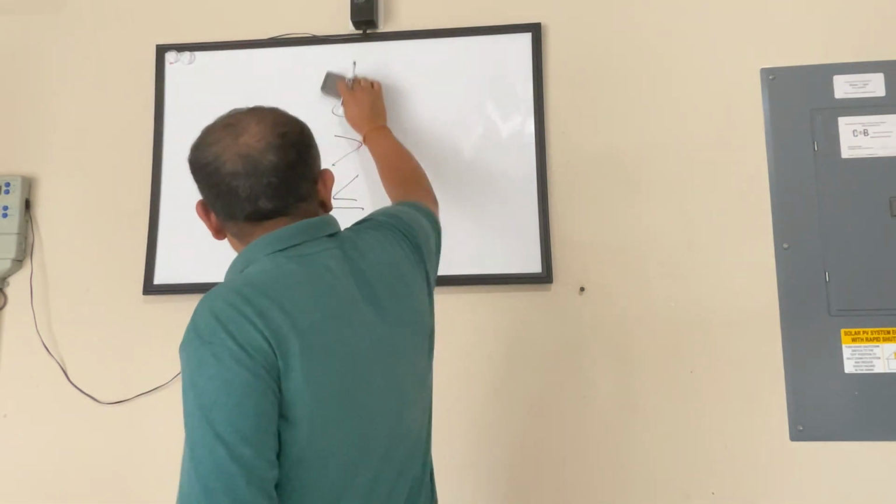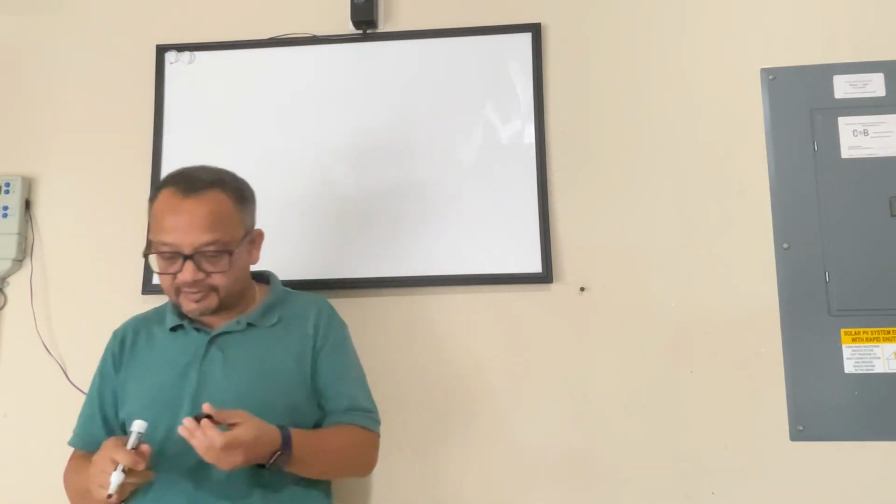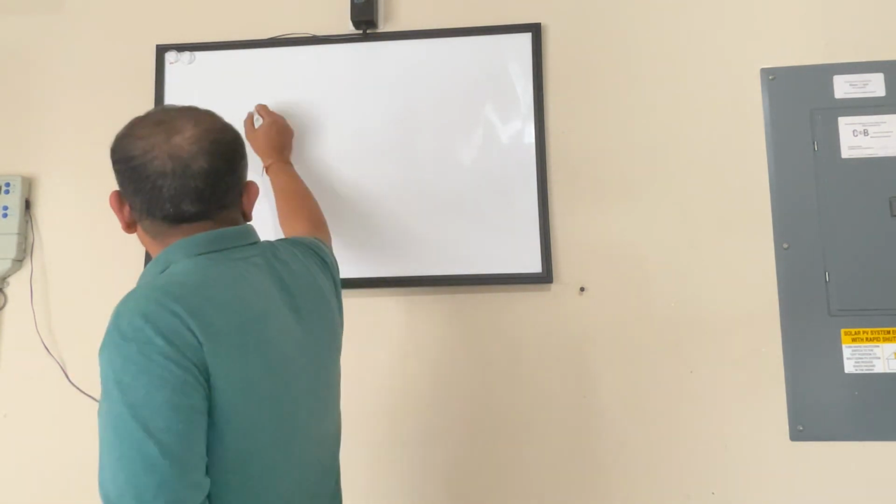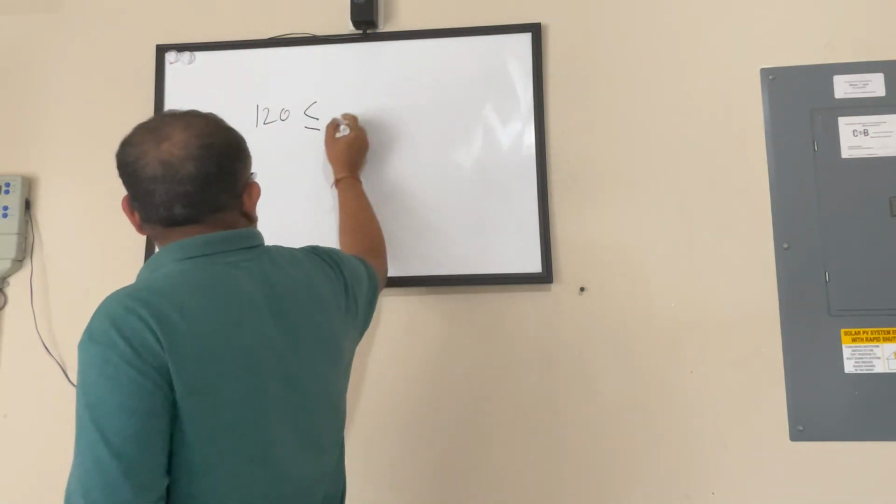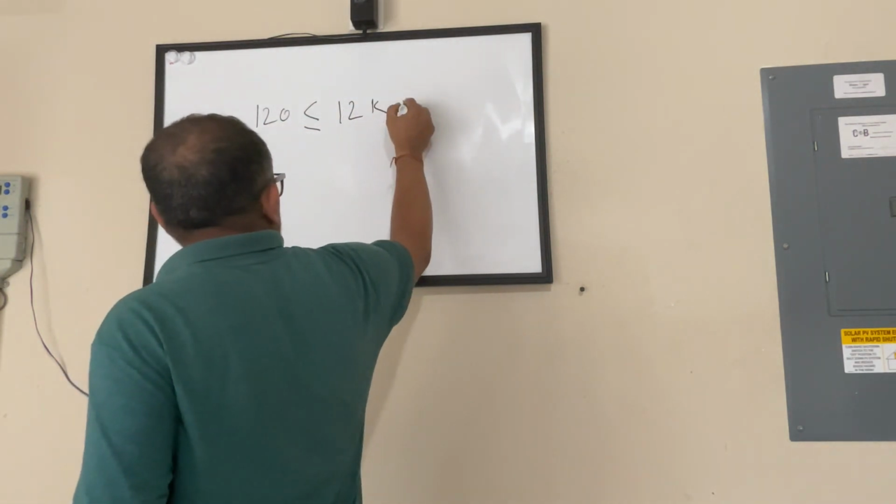Now, let's try solving one problem that Mitran wanted to clarify. Can you open that problem and read that for me? Which situation best represents this inequality? 120 less than or equal to 12k plus 29.